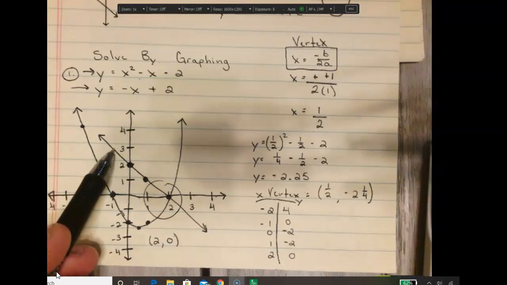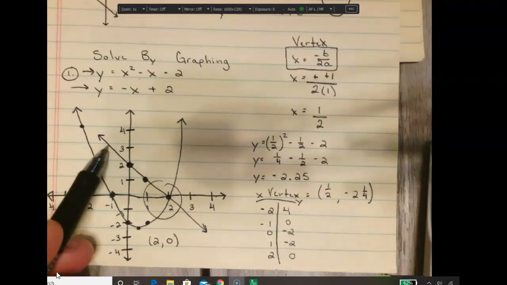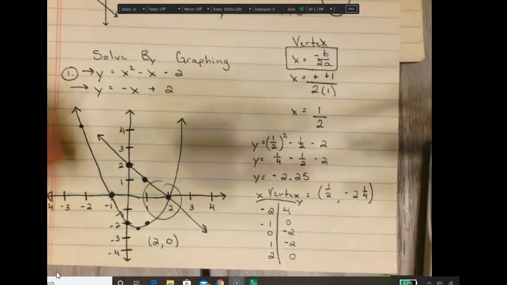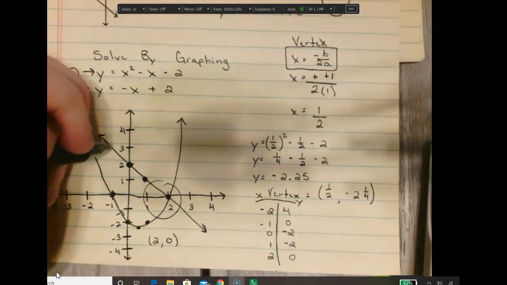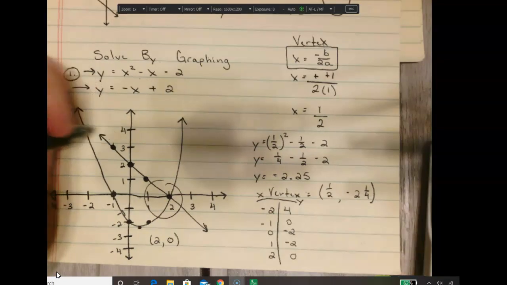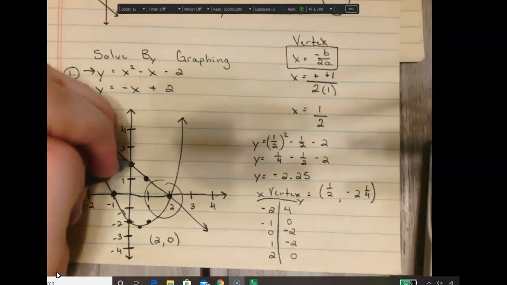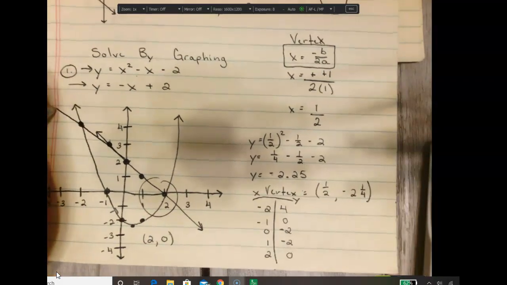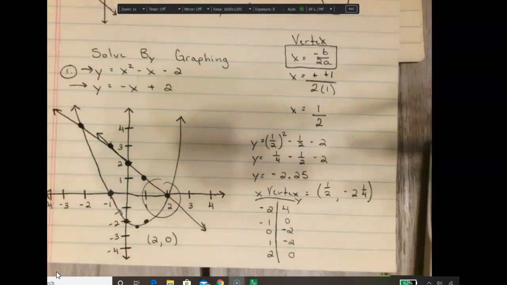This will work because we are still moving in the negative direction by going left. So I can go up to 3, over to -1. We can go up to 4, over to -2. So this graph is going to pass right through -2, 4.